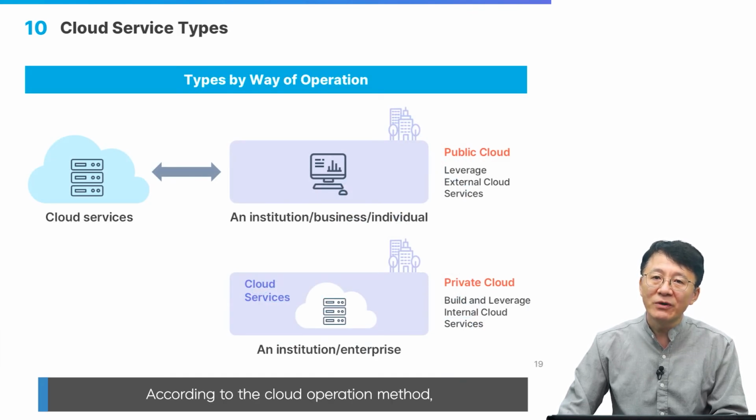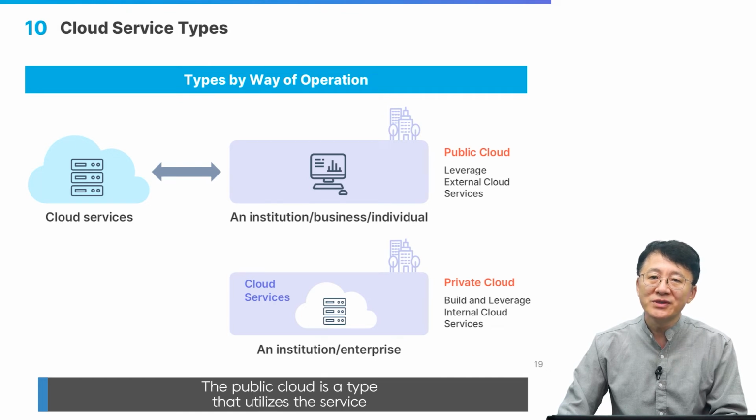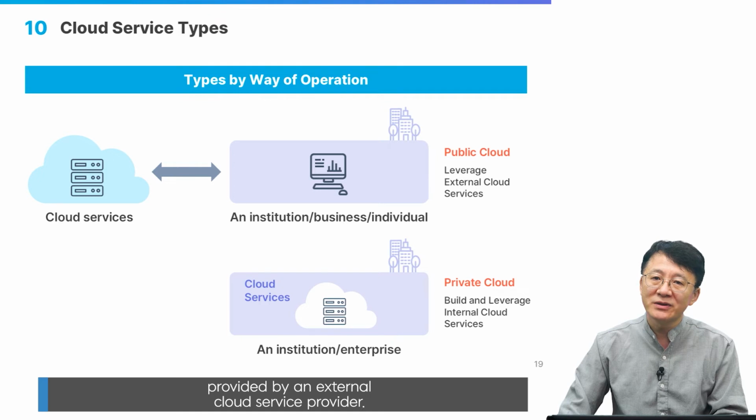According to the cloud operation method, cloud is classified as private cloud, public cloud, and hybrid cloud. The public cloud is a type that utilizes the service provided by an external cloud service provider. This type can maximize the advantage of cloud service.